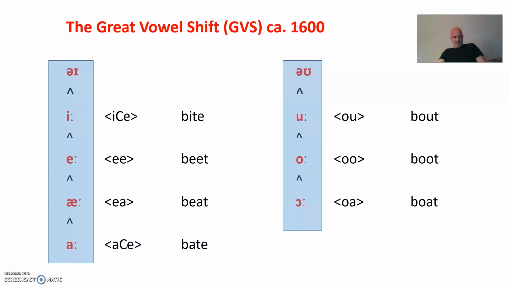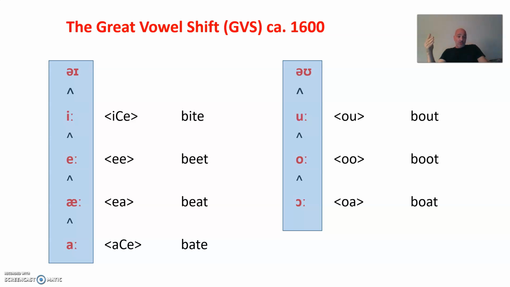These vowels which I just showed you are raised, we say. They are raised in the system, and this is exemplified by those arrows there.